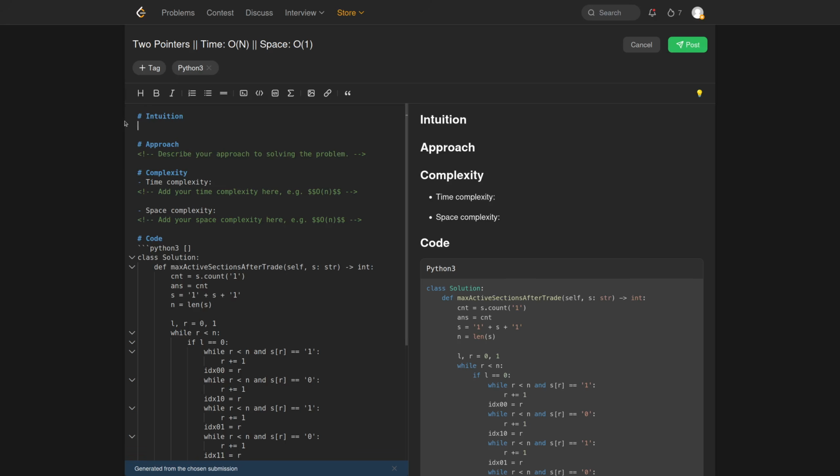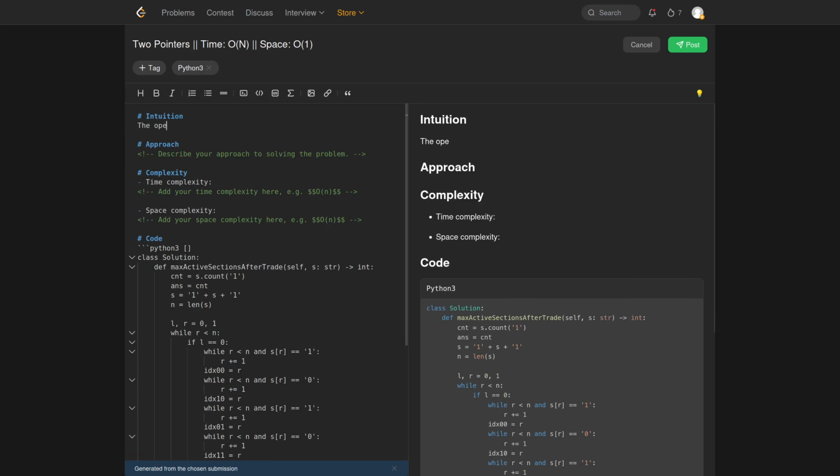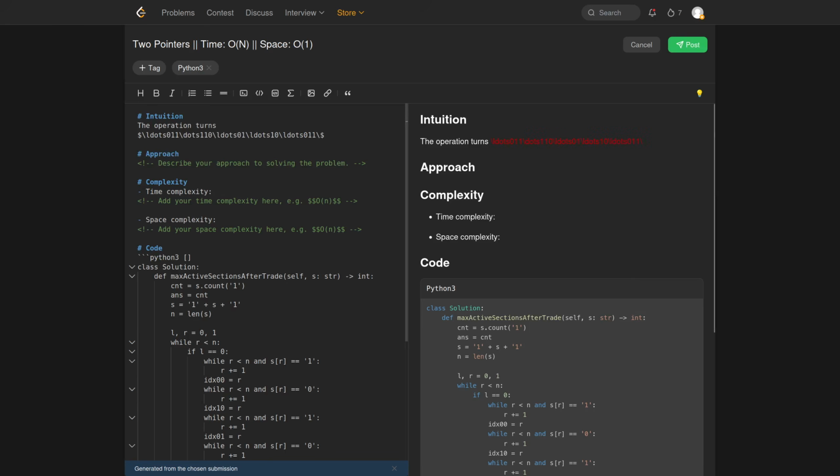Okay, so intuition. Operation turns 0 1 1 0 into 1 1 1 1, with many dots, too many dots for me.